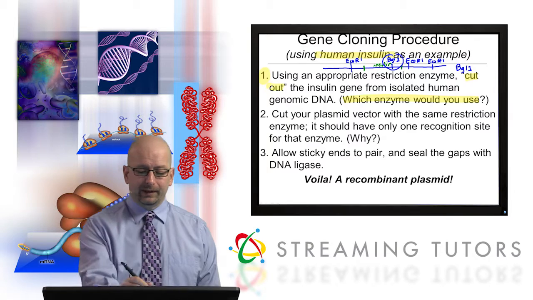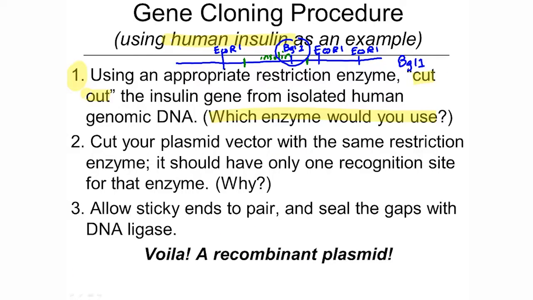That's a good thing. And I've made this a little convenient, but there's so many restriction enzymes that usually this does work out. So look, we have one flanking on one side of the insulin gene. We have a site here flanking it. So if we used EcoR1, we can cut out this whole piece which contains the entire human insulin gene. You may note that it does contain some flanking regions, but it's not a lot, and that's okay.